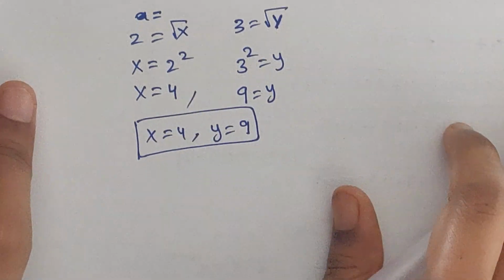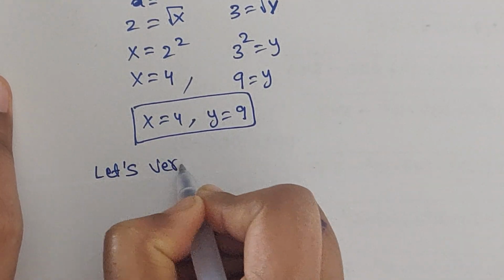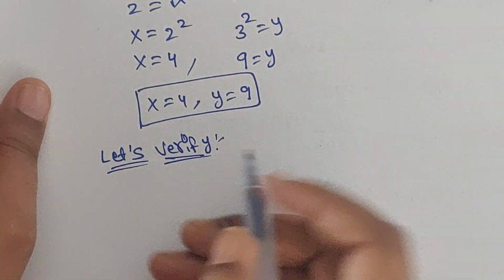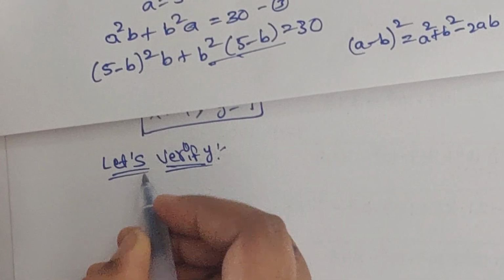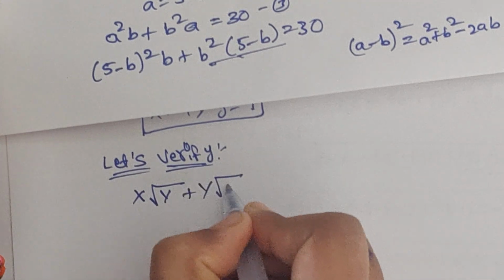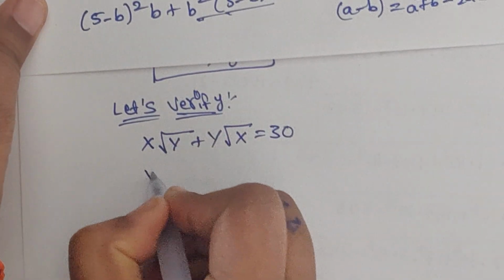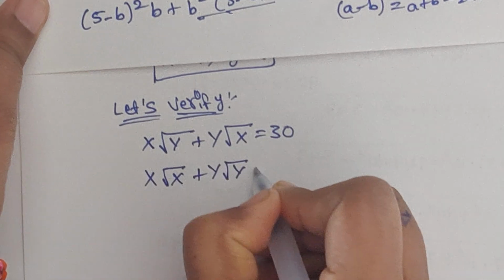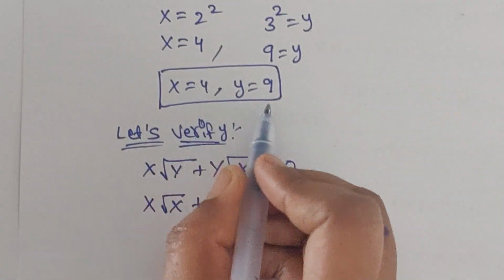So now let's verify if these values are right or not. So just write the equations. x square root of y plus y square root of x equals 30, and x square root of x plus y square root of y equals 35. So now substitute the values of x and y.